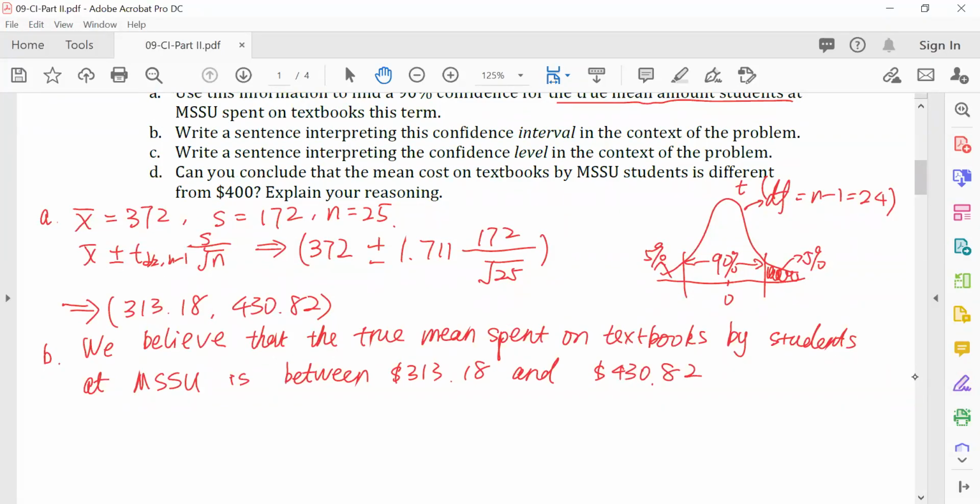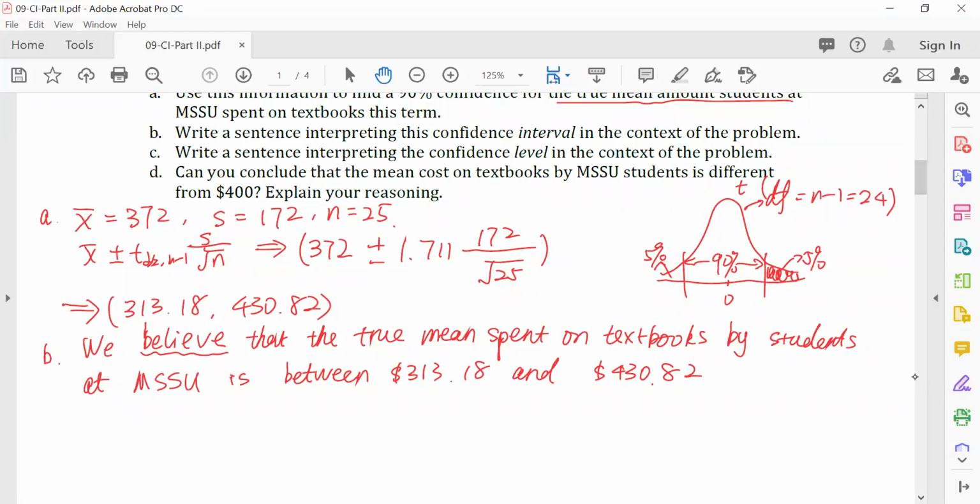Okay, then grandma is a wise lady. She asks questions. So she's like, okay, kid, so how confident are you about your belief?